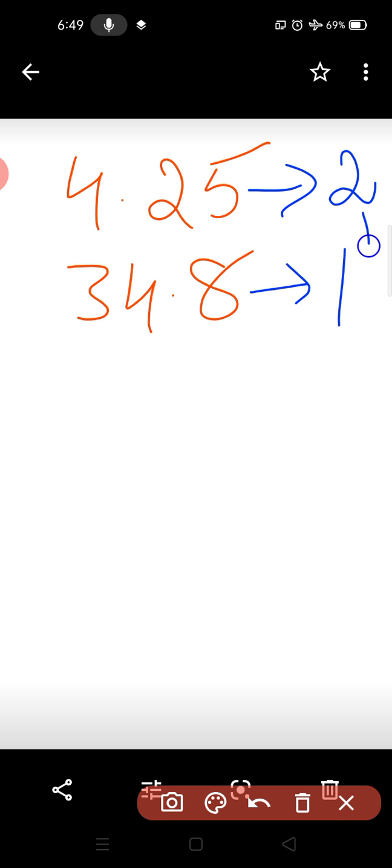So these have different numbers of digits, and these are examples of unlike decimals. If the number of digits in the fractional part of two decimal numbers is different, then they are unlike decimals. For the first number 4.25, we have 2 digits in the fractional part, and for the second number 34.8, we have only 1 digit. So these two decimal numbers are examples of unlike decimals.